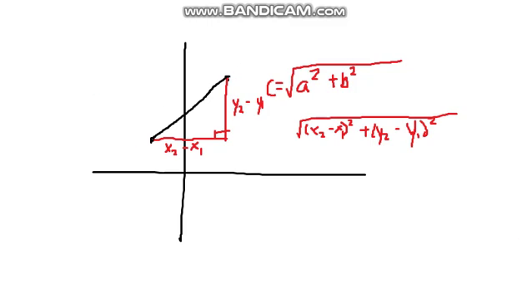So that's why the distance formula works. That's why we plug it in like we do. And if you don't quite get this part, send me an email or come talk to me after school, and I'll go through it with you a little bit more.